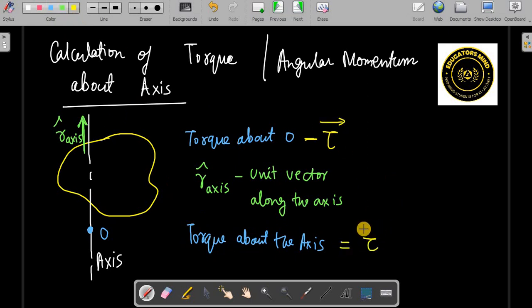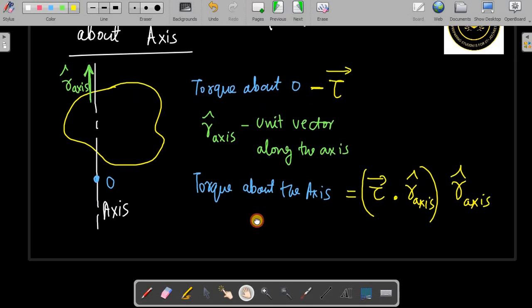of course this is a vector, right? So this torque vector dot the unit vector along the axis we can take. Of course this will give us the magnitude. If you want direction, you can still write this. It's like a component of a vector. As you calculate the torque, you can take the component. In the same manner, angular momentum will also be calculated about this axis.